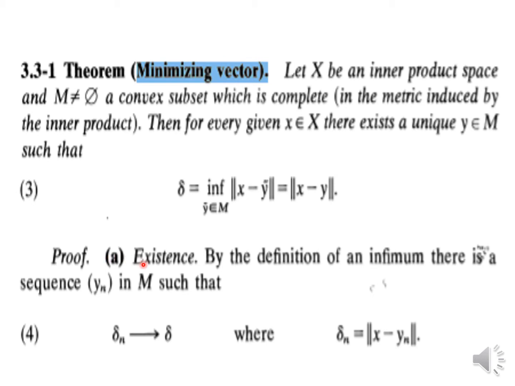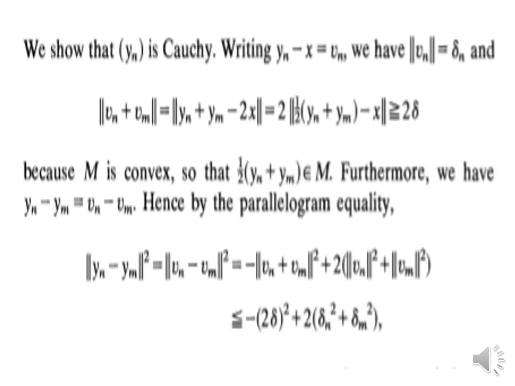Existence. By the definition of an infimum, there is a sequence yn in M such that delta n approaches delta, where delta n is equal to the norm of x minus yn. Equation 4. We show that yn is Cauchy.